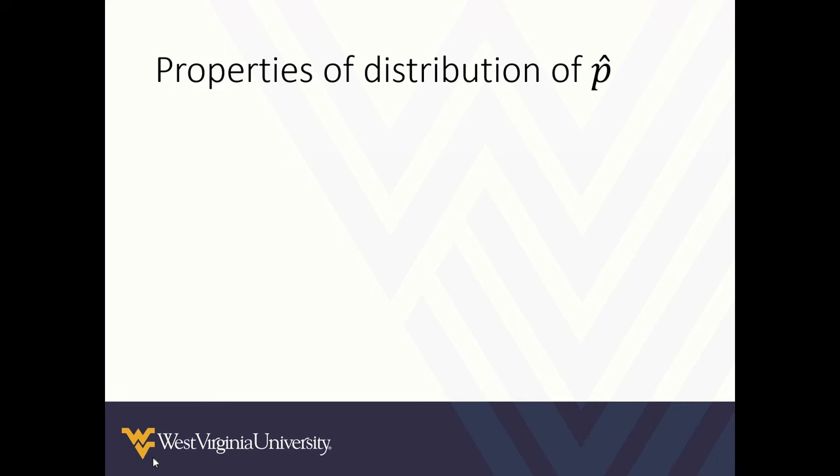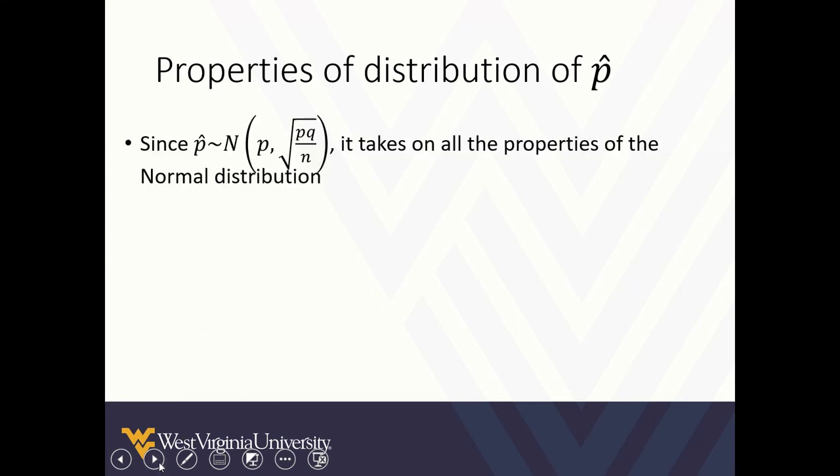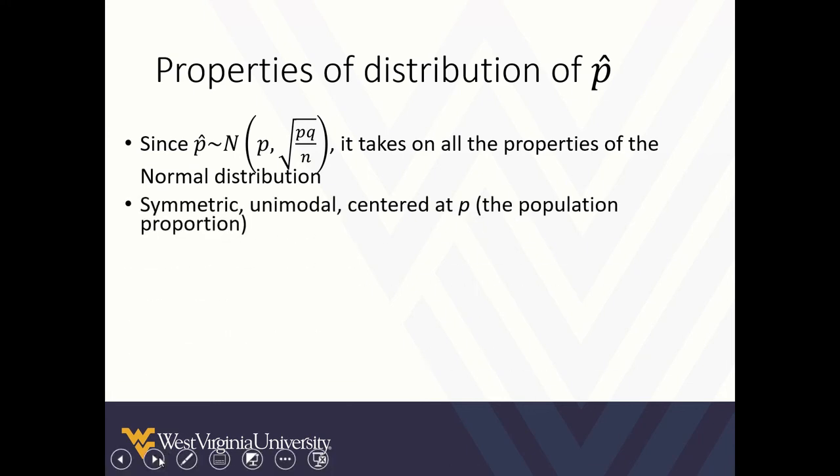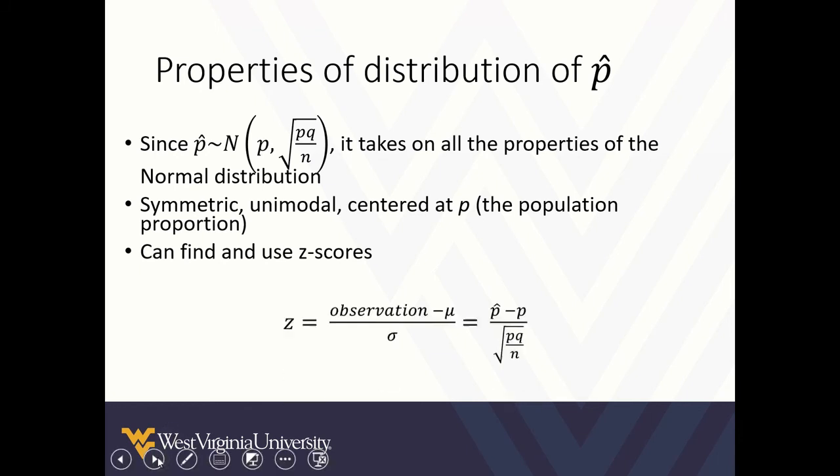So what are some of the properties of the distribution of p hat? Well, first, since p hat follows the normal distribution, it does take on all the properties of the normal distribution, meaning that it is symmetric, unimodal, and centered at p, which is our population proportion. We can find and use z-scores, which is exactly what we're going to do.